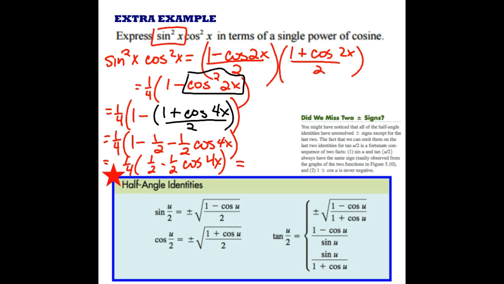I can either distribute that 1/4 in, or I can factor a 1/2 out. Okay, if I factor the 1/2 out, what goes in front? Becomes a 1/8. And then what do I have inside? Okay.